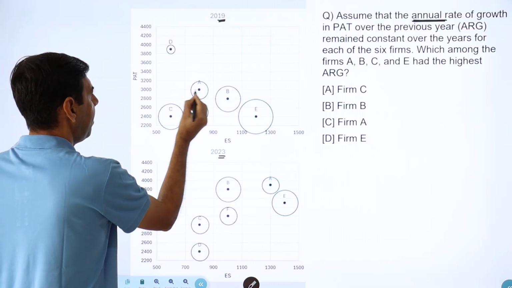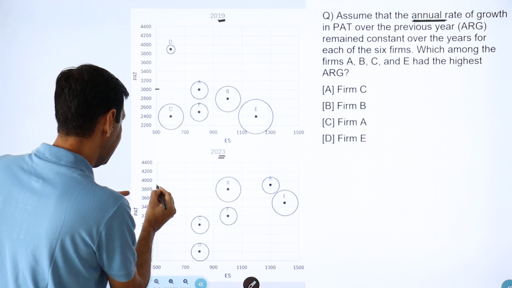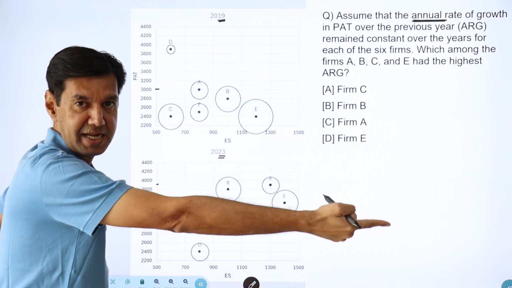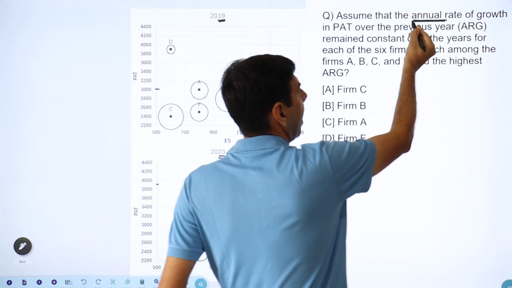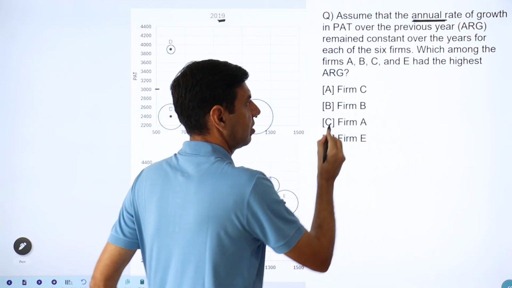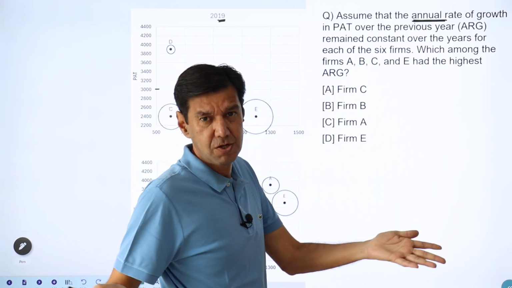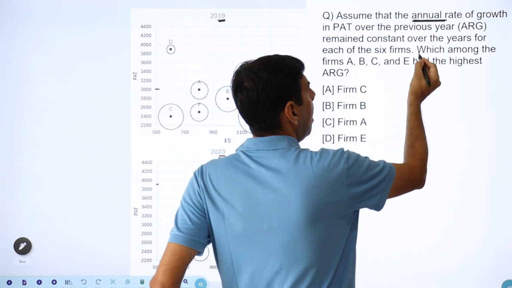So for A, the PAT was 3000, and now where is A? Here the PAT became 3900, from 3000 to 3900, but from 19 to 23. And I want to annualize the rate of growth, which is same for all of it, which is nothing but the simple average annual growth, SAGR, if you have learnt it, if you have done your theory well.